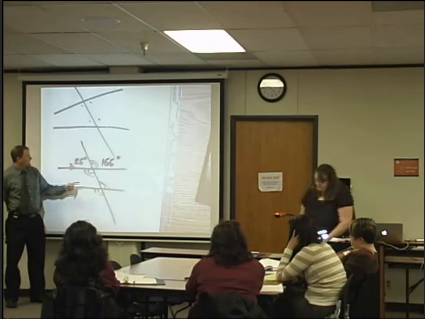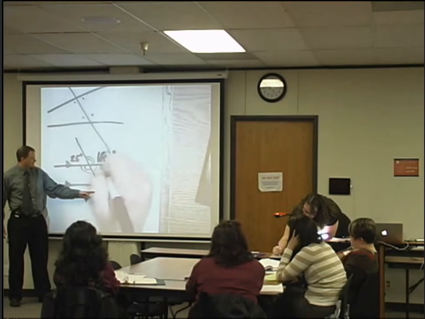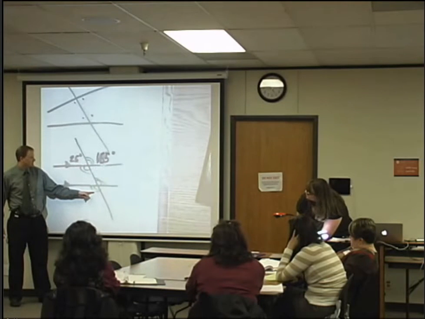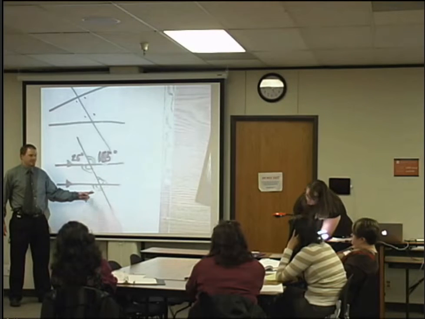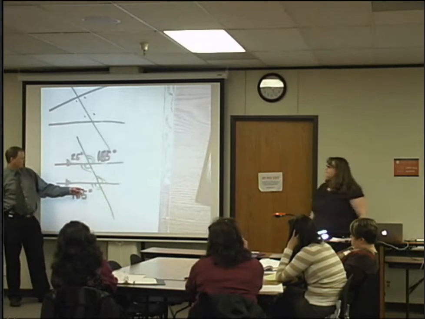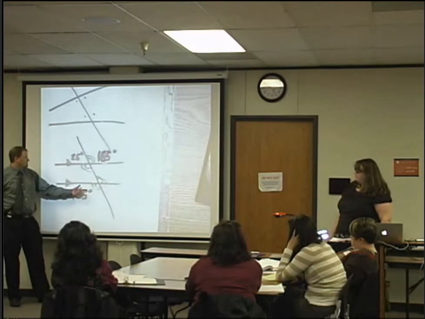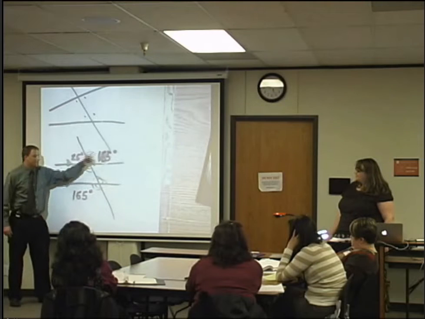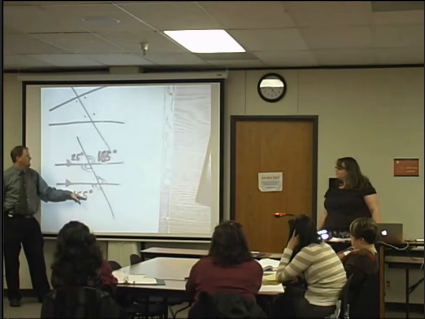Okay, so if this is 25, how much is this one? 155, why? Because they look the same. Yes, this is 155, that's 155. Alternate exterior angles, very good. Alternate exterior angles are congruent.